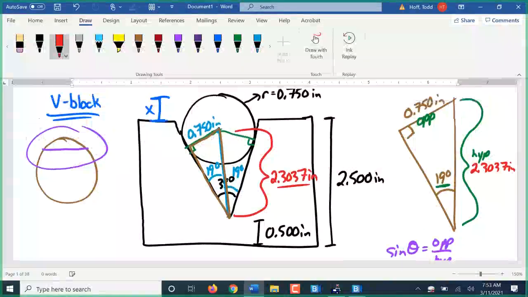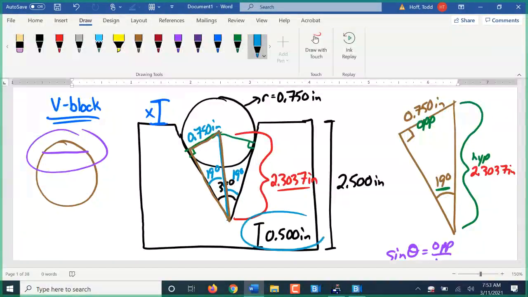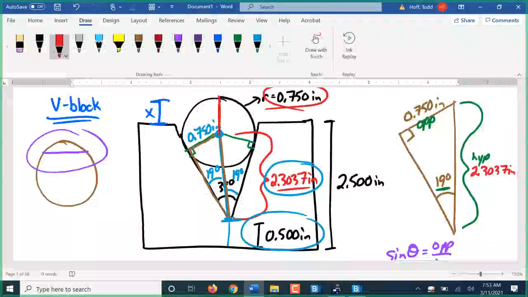So now we can find our overall height very easily. We have the ½ inch from the bottom of our block to the bottom of the V, 2.3037 inches from the bottom of the V to the center of our round stock. And then, of course, the last piece here is just the radius. That's going to be another 0.75 inches.